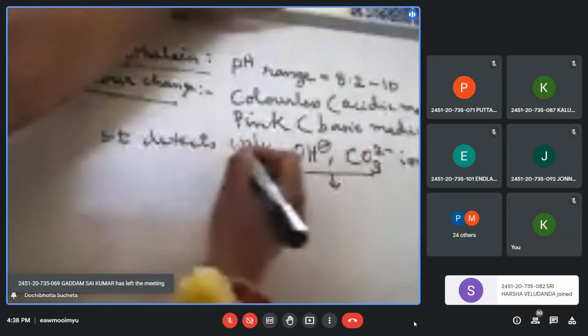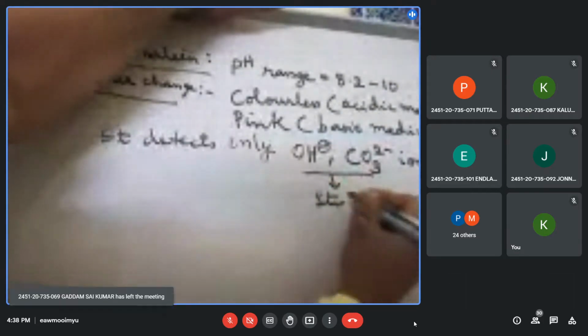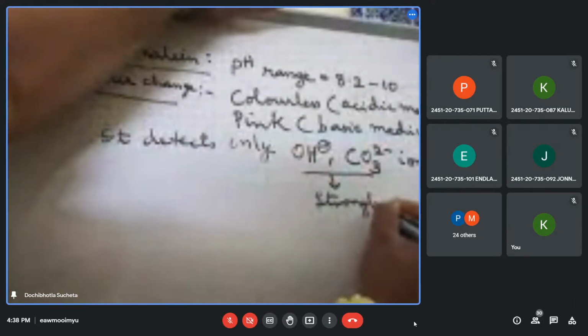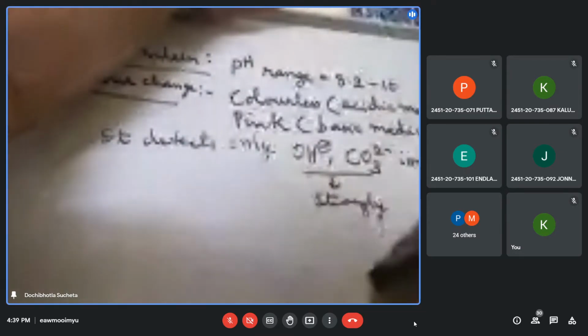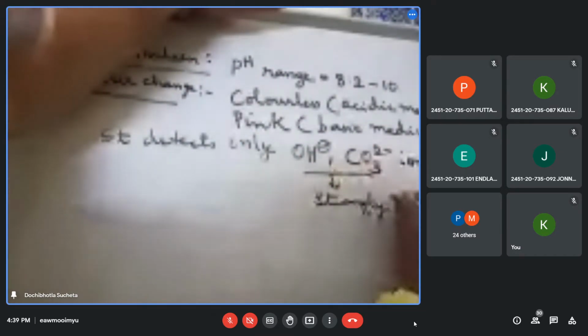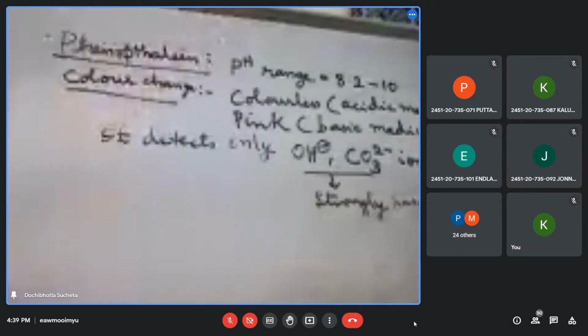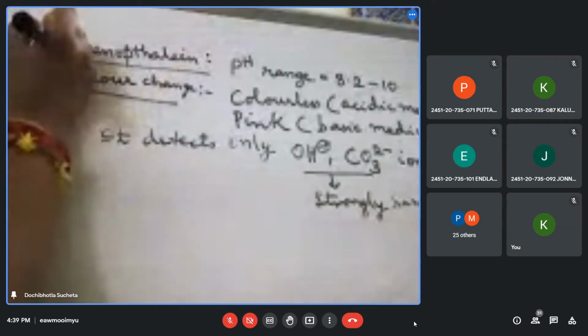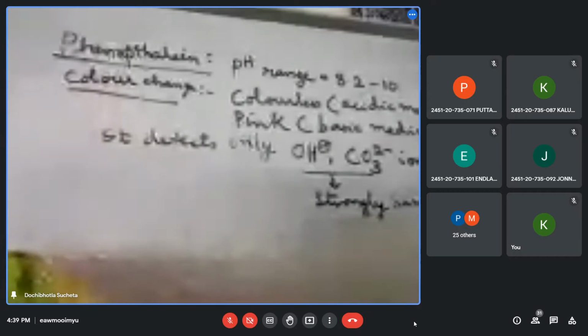OH minus is actually the strongest. Carbonate is also reasonably strongly basic. So this is the main premise on which I am doing the experimentation. What I'm saying is, I am doing an acid-base titration.